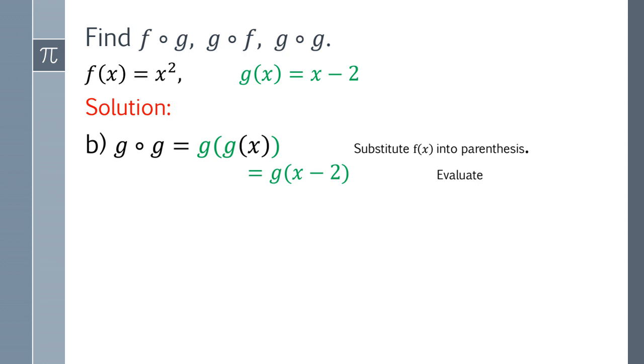So when I do this, I have x minus 2 minus 2. Combine my like terms. Minus 2 minus 2 is a minus 4. So g composed of g equals x minus 4. Okay, and hopefully you see that we're getting an expression. It's not a single value. So just keep that in mind on these.